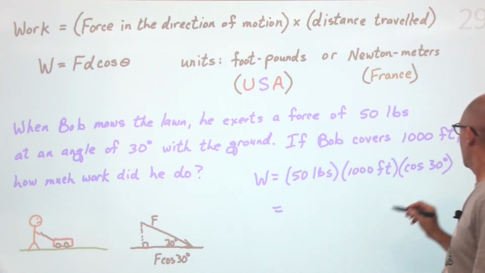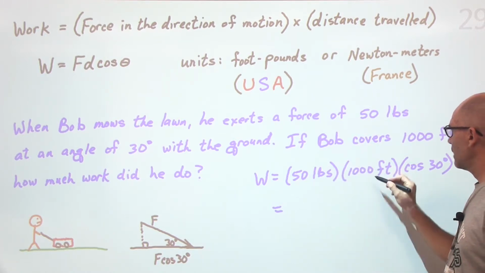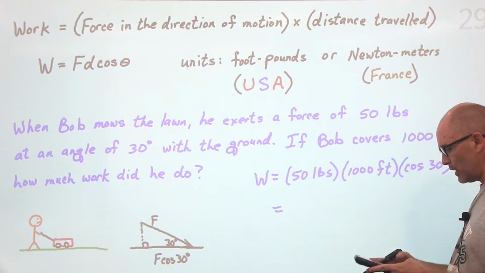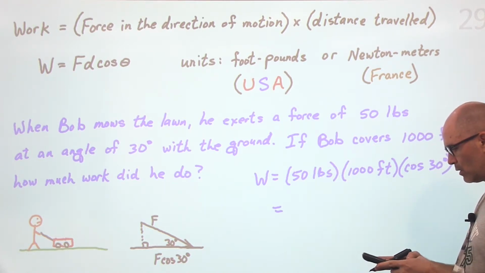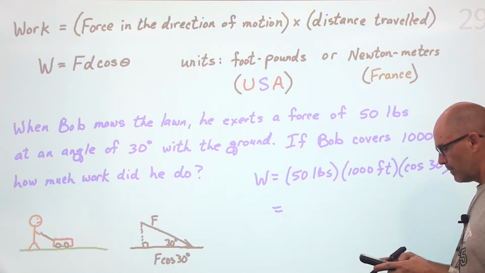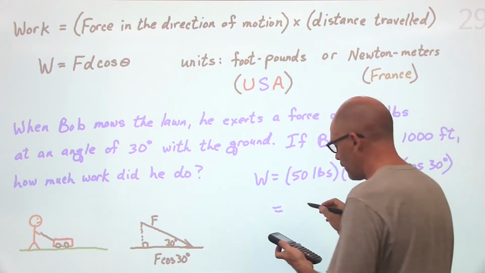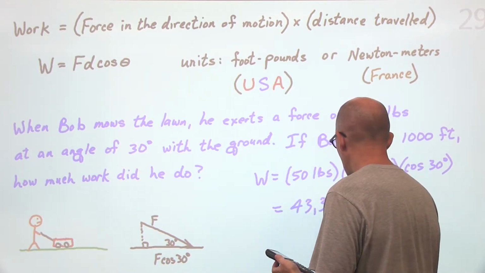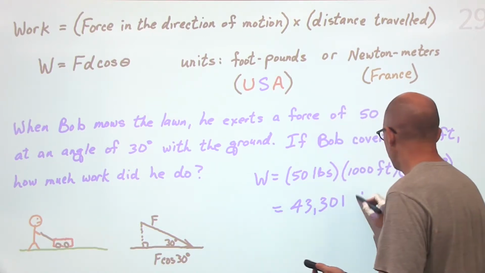So that's going to be 50 times 1,000 is 50,000 times cosine of 30, which is square root of 3 over 2. And so we end up with 43,301 foot-pounds.